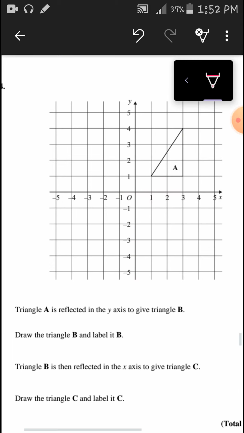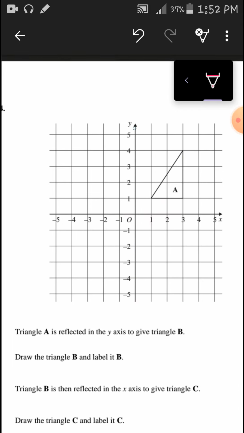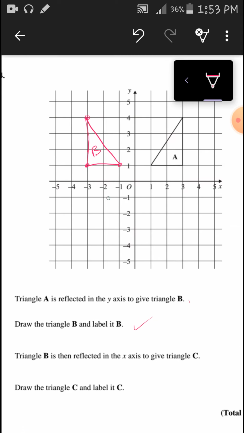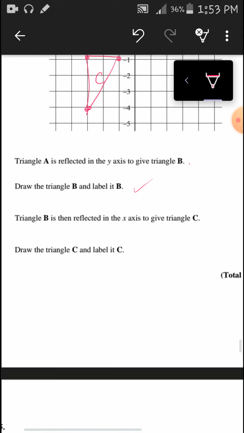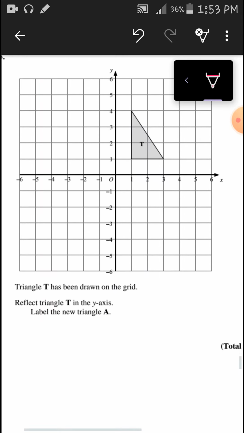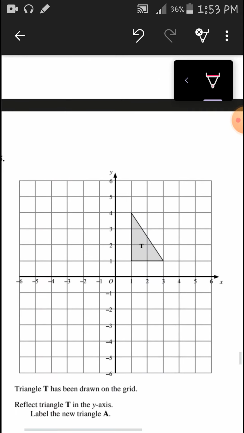Here, triangle A is reflected in the y-axis, so the image will be here. Name it B. Triangle B reflected in x equals 1 is C. Reflect T in the y-axis.